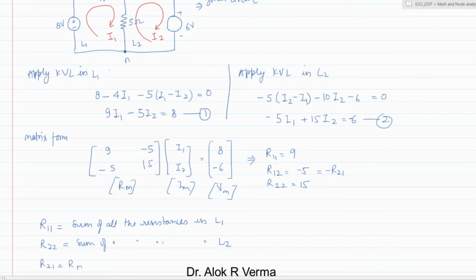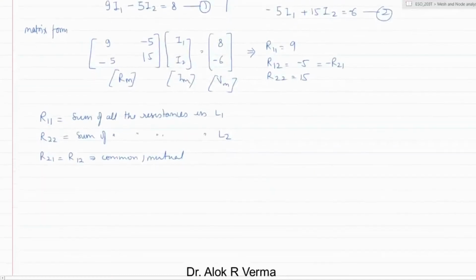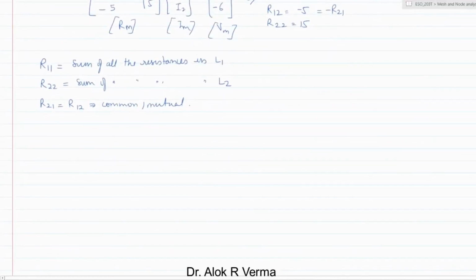R21 will be equal to R12, nothing but the common or mutual resistance between L1 and L2.